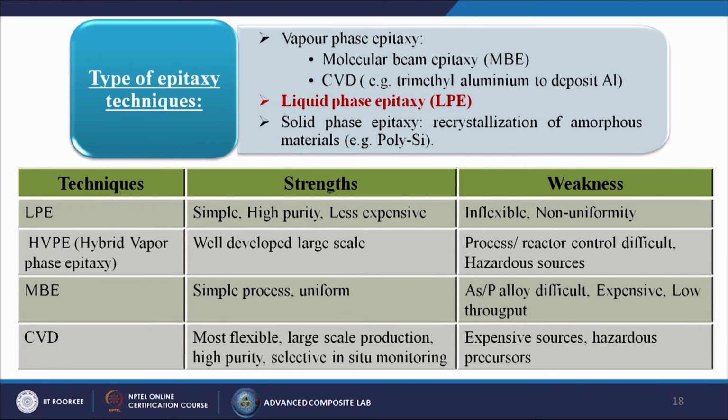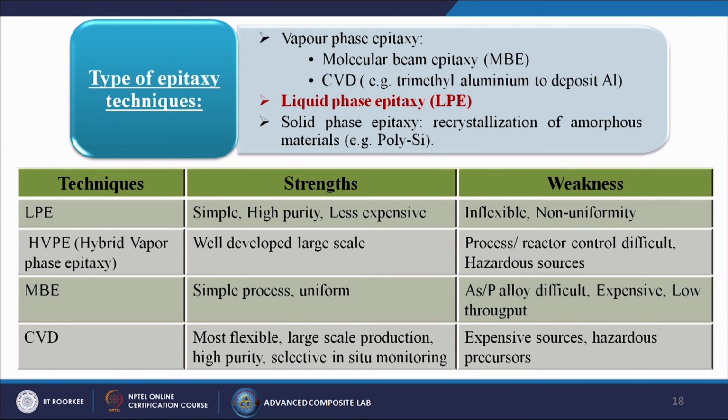Then techniques: LPE, what is its strength? Simply high purity and less expensive; weakness, inflexible and non-uniformity. When you talk about HVPE, hydride vapor phase epitaxy, its strength is a well-developed, large scale process; weakness, reactor control is difficult and hazardous sources.